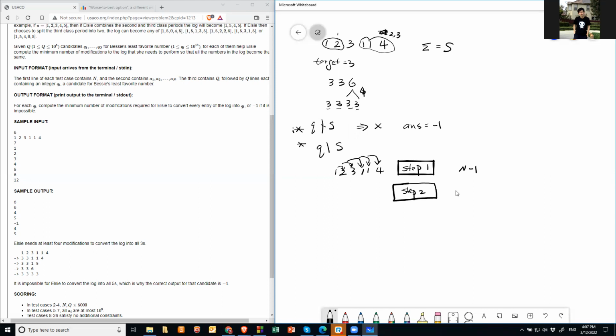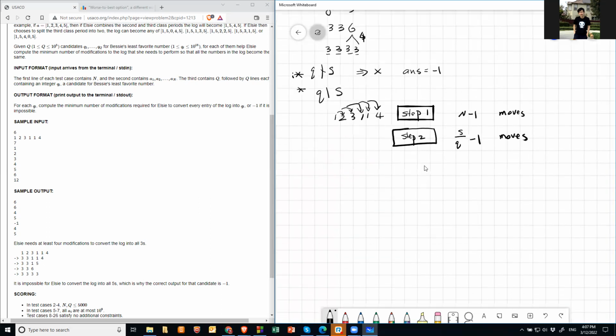That takes s divided by q, minus 1 moves. So that's the number of moves it takes.